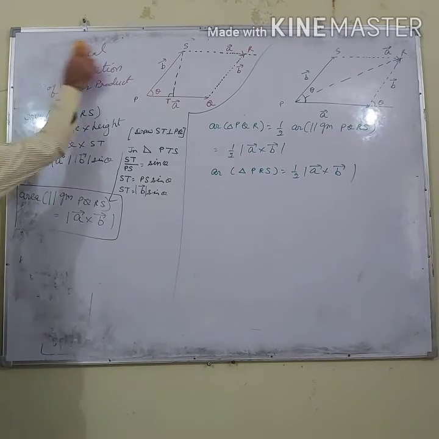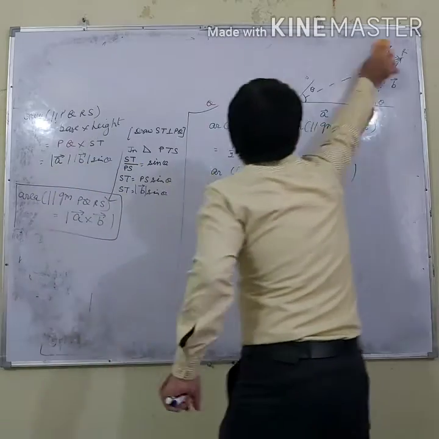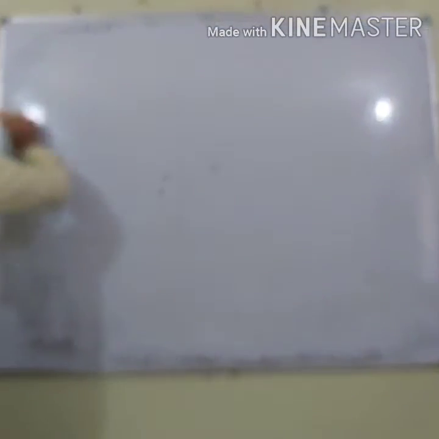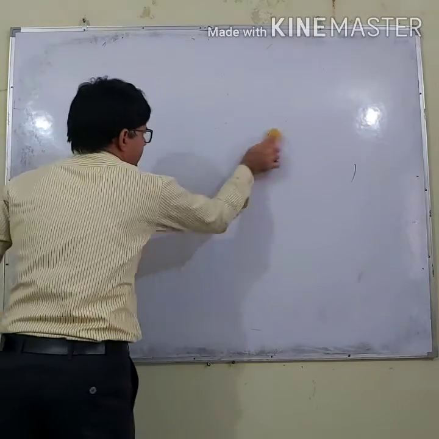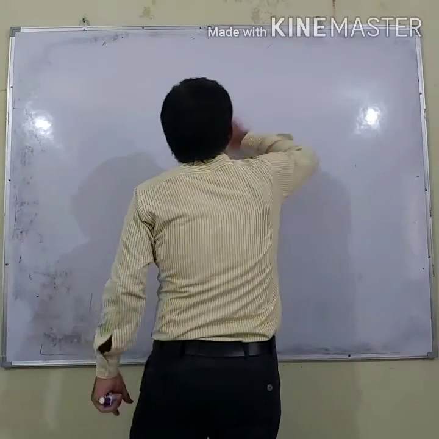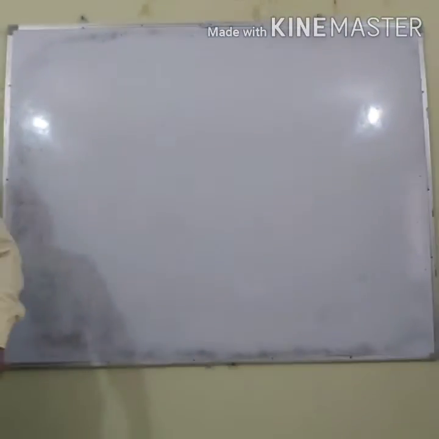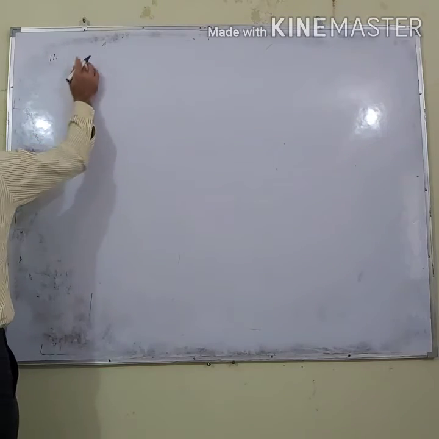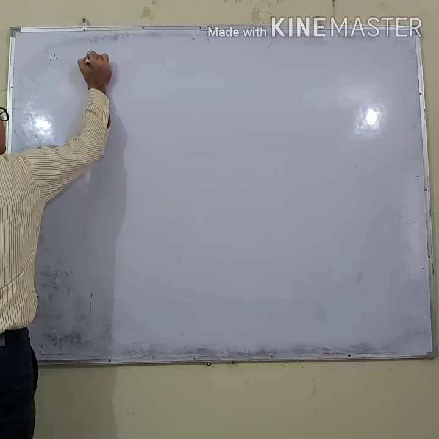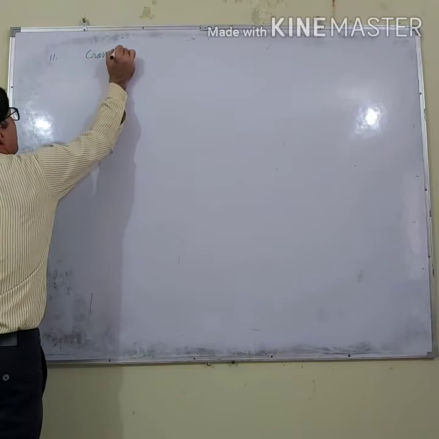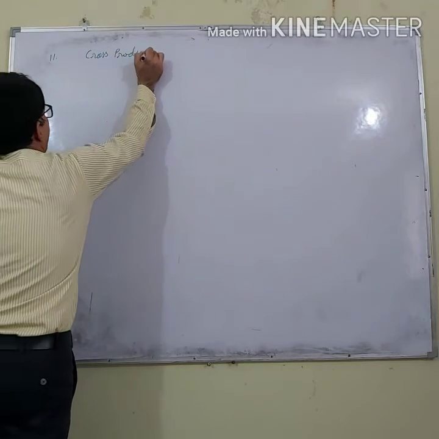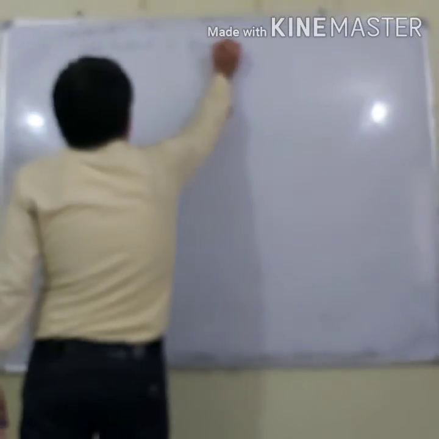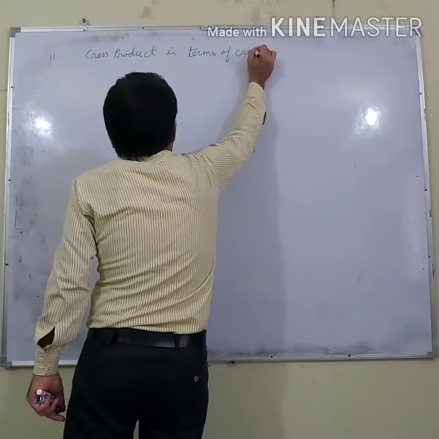Eleventh point: cross product in terms of Cartesian coordinates.